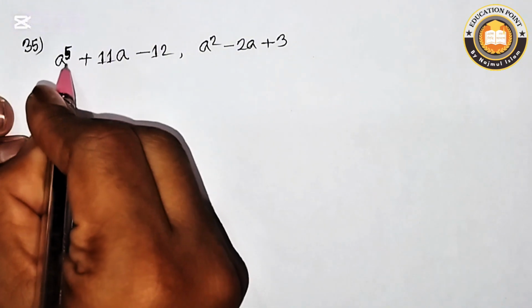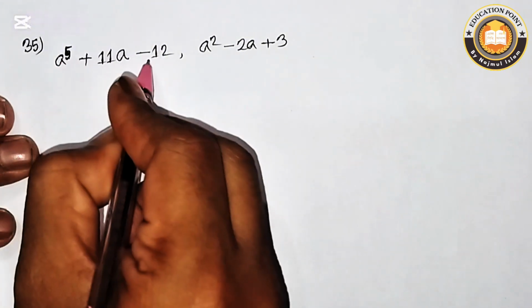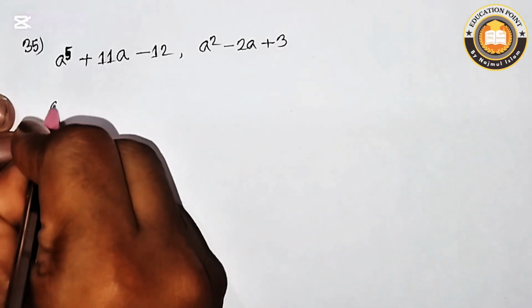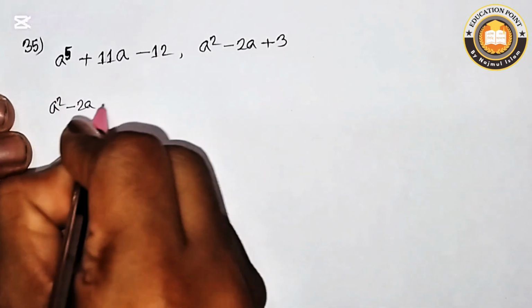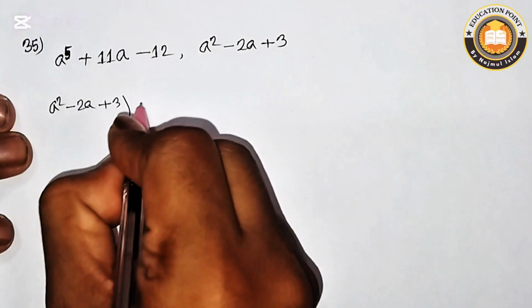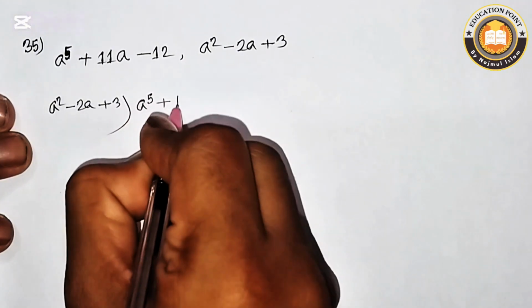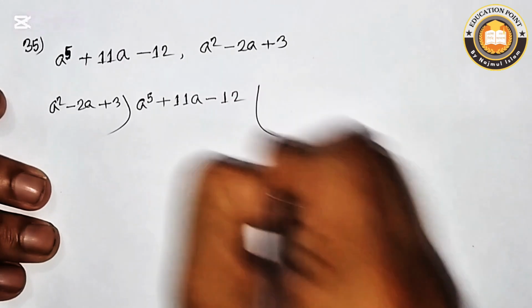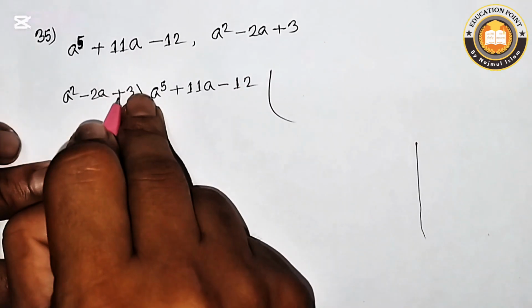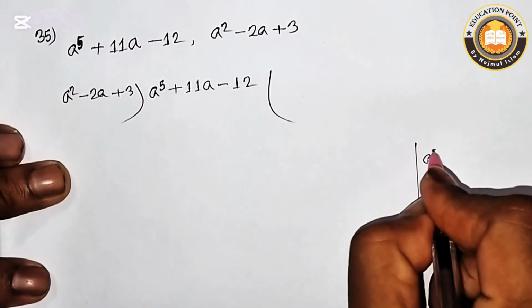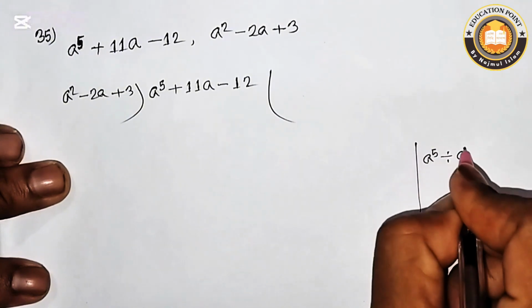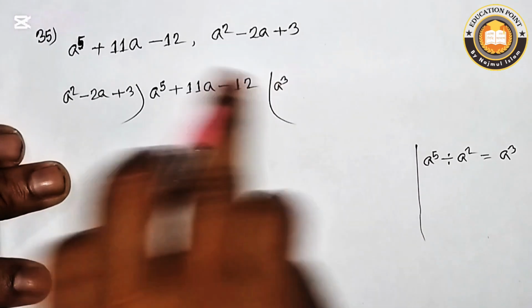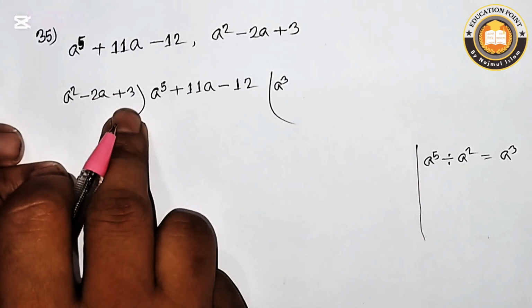Question number 35. A to the power 5 plus 11a minus 12 divided by a square minus 2a plus 3. At first, a to the power 5 divided by a square equals a cube. Now a cube multiplied with a square minus 2a plus 3.